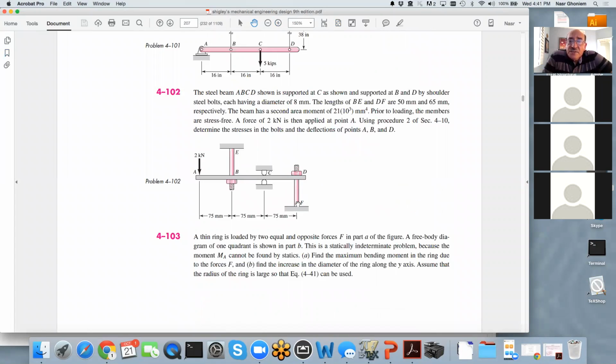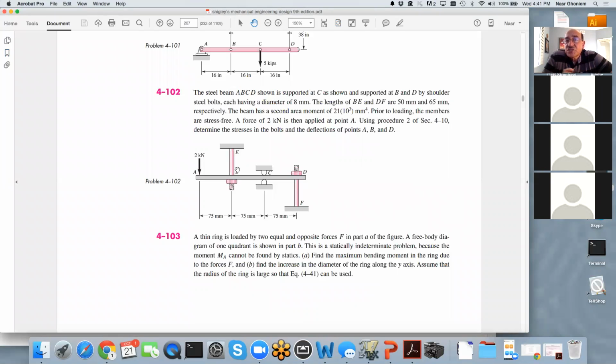When it's tied to something else, as we discussed in class, DF is an external member to the beam. So it's connected to the beam through some kind of force system that we have to obtain from a free body diagram. The same thing for DE.